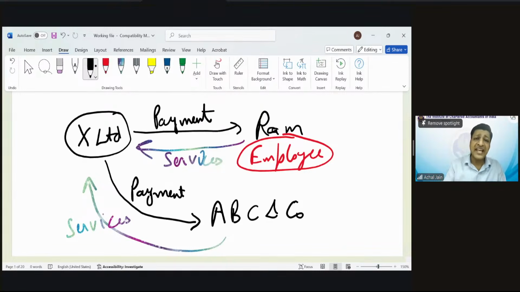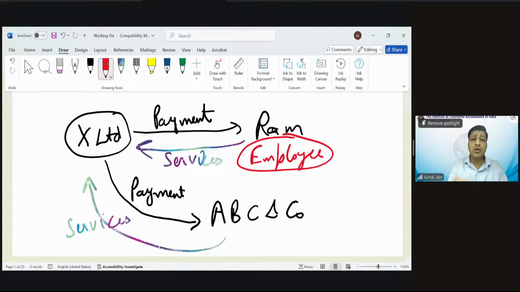But ABC doesn't have a fixed staff for rendering services. Maybe today some person may come, maybe next month another person may come. The services which are rendered will be decided between X and ABC, but the manner, mode and working hours will not follow the pattern the way they work between X Limited and Ram.